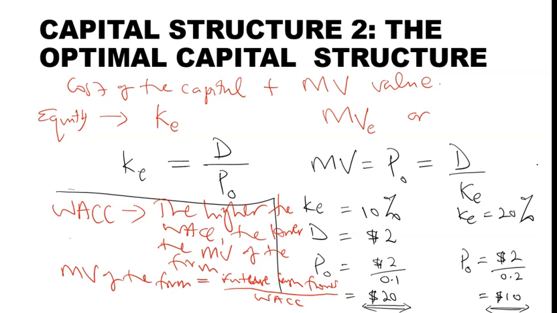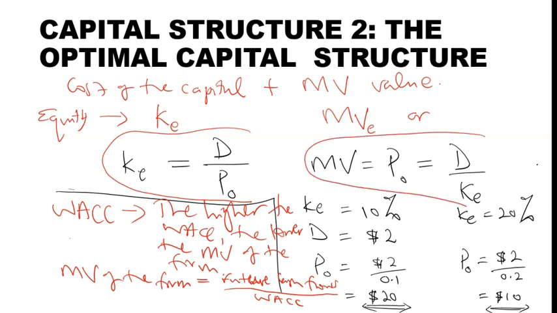So we are simply developing from this association. Okay, the market value of the firm, that is PO, is equal to the dividend divided by the cost of equity. But in this case now, when we are looking at the WACC, we have considered the equity, the debt, everything, and obtain the average cost of capital.